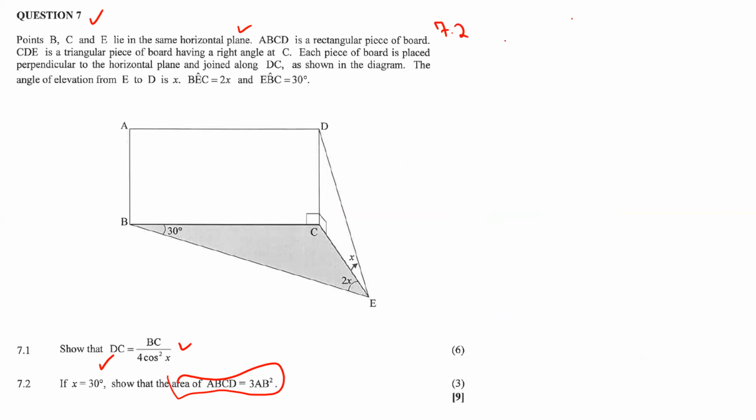So obviously at this point we have DC is BC over 4 cosine squared, or it is exactly BC over 4 cosine squared 30 degrees.